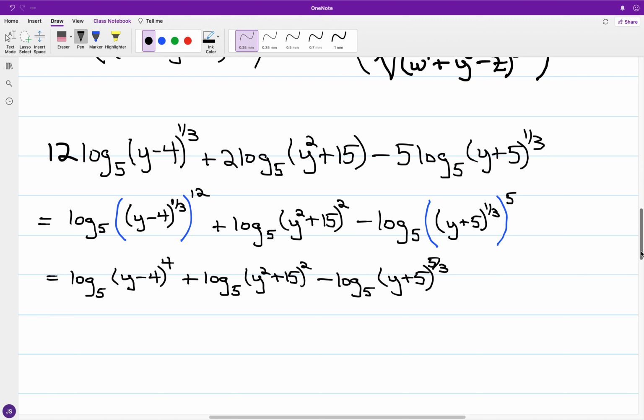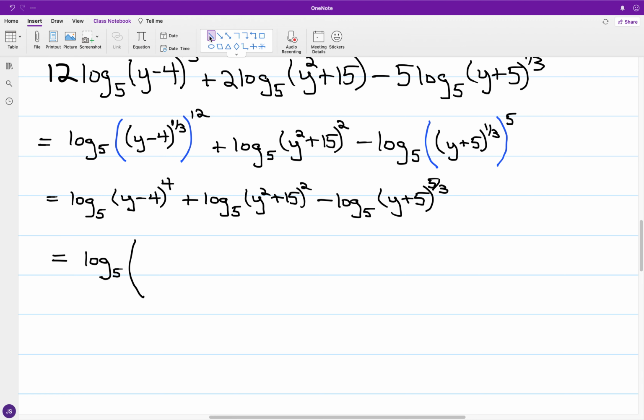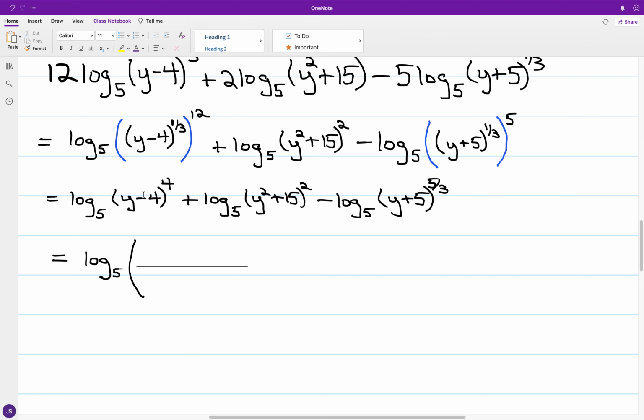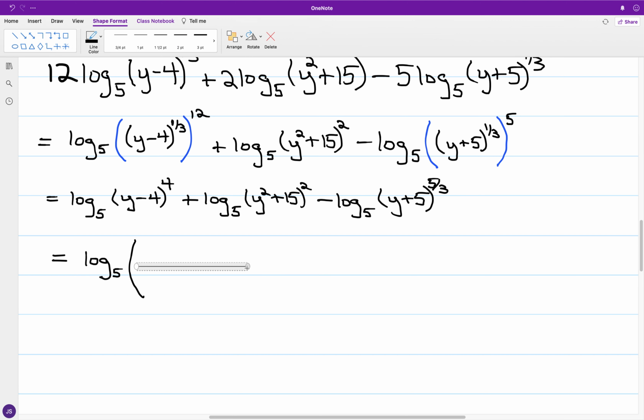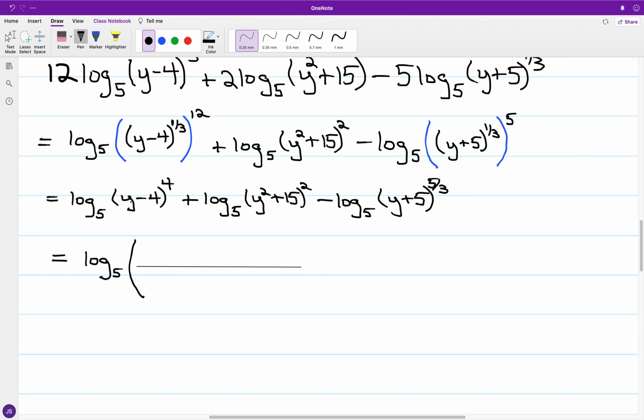And looking at consolidating as a single term in the logarithm base 5, you have the base 5 logarithm, and with the first two terms being positive, these attachments will go in the numerator. So you have (y minus 4) to the 4th, times the quantity y squared plus 15, squared.